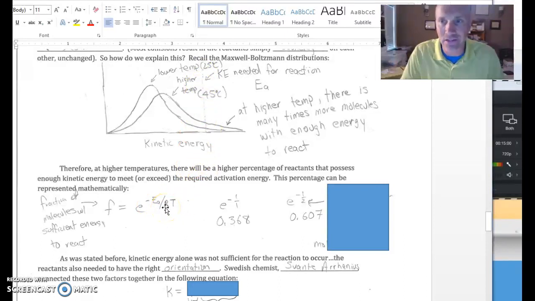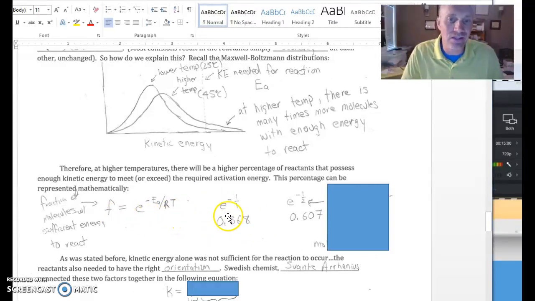R is the gas constant, and T is temperature. One thing about this: when you're doing these types of equations, you are going to have to use Kelvin here, because obviously we don't want negative temperatures for some and positive for others. Using Kelvin makes temperature an absolute scale, and that's why we would use it.